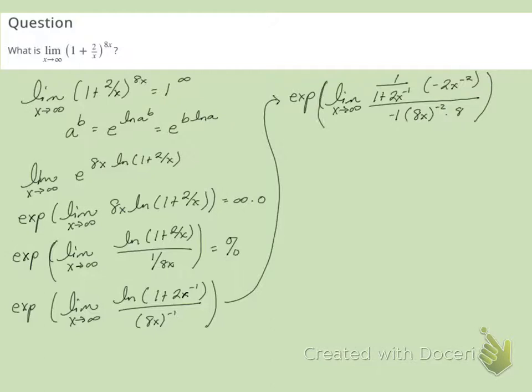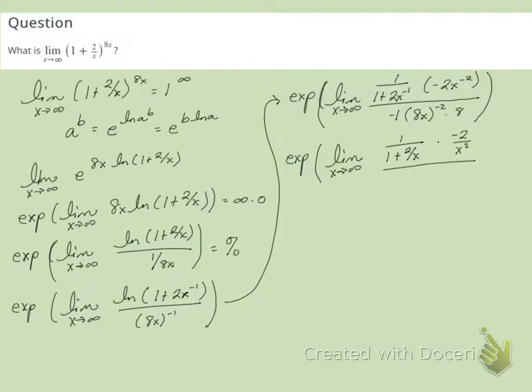All right, so now that we found the derivative, I want to change this back to using positive exponents and try to clean this up. So we've got 1 over 1 plus 2 over x, and this is going to be multiplied by negative 2 over x squared.